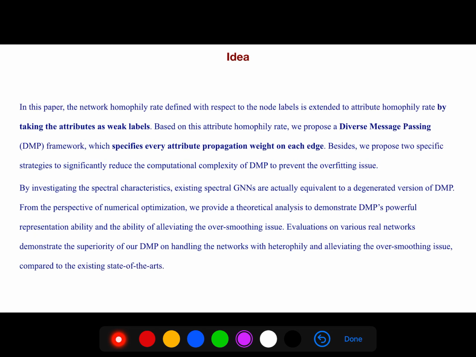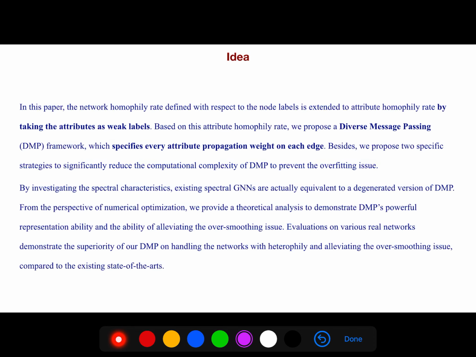So in this paper, the network homophily rate, defined with respect to node labels, is extended to attribute homophily rate by taking the attributes as weak labels. Based on this attribute homophily rate, we propose a diverse message passing framework which specifies every attribute propagation weight on each edge.